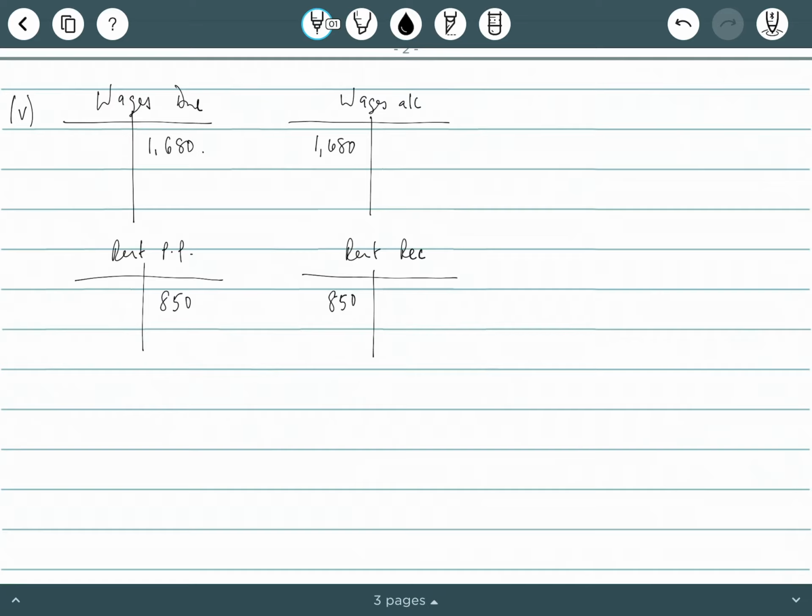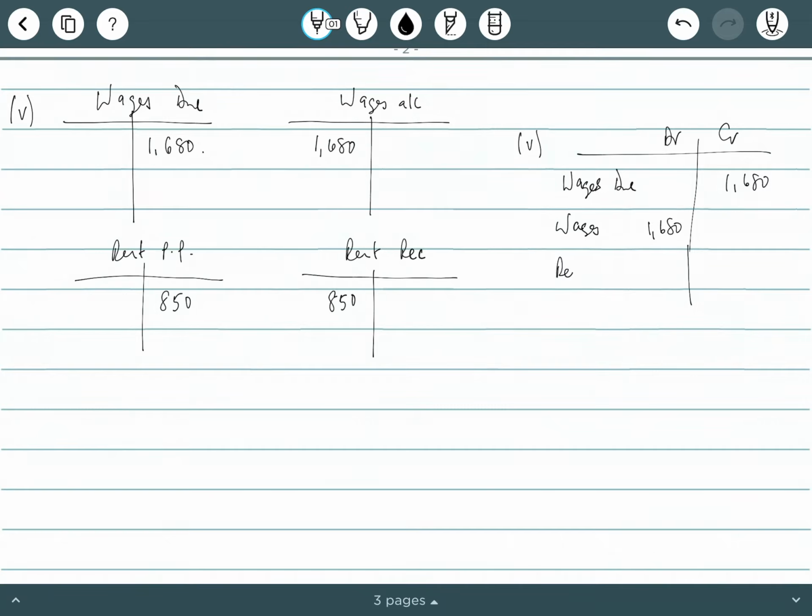Alright, so again now really quickly we'll do the general journal. Debit, credit, no need for that length of it, it's going to be a short one. So we have wages due, 1,680. We've got wages account, which is 1,680.